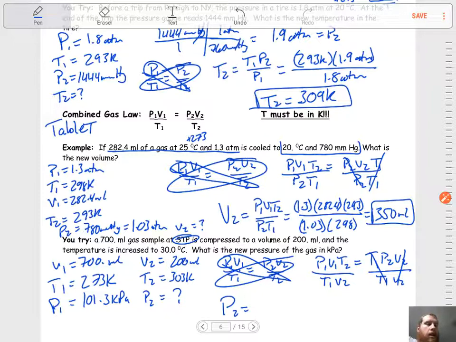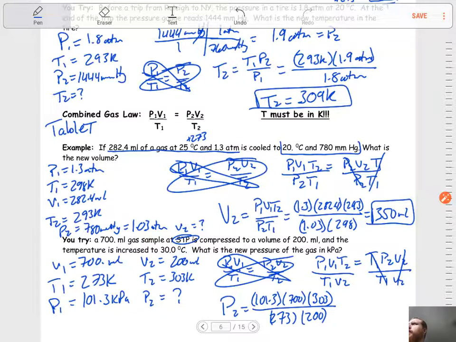So P2 equals, I've got my P1, 101.3 kPa times V1, which was 700 milliliters, times the second temperature of 303, divided by T1 on the bottom, which is 273, multiplied by my second volume, which is 200.